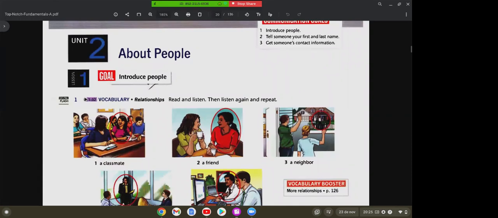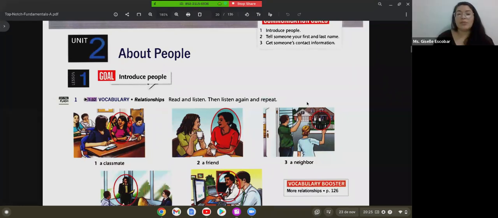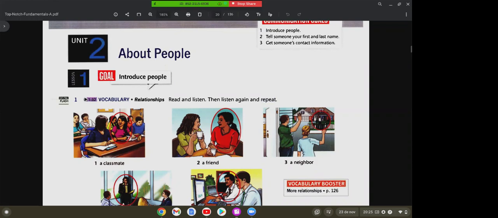Yo le digo, Miss, how do you spell your last name, please? ¿Está bien así la oración? Sí, perfecto. Le está preguntando que cómo deletrean su apellido.